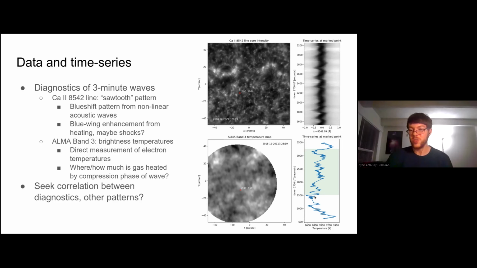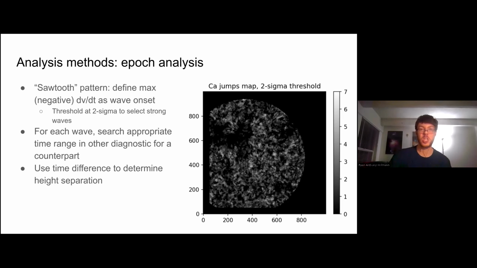And you also see oscillations in the brightness temperature in the ALMA band 3 observations. But the question is, are they directly related to these velocity oscillations in the calcium line?